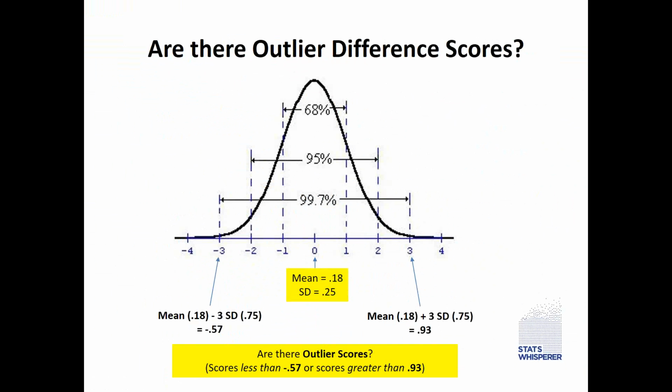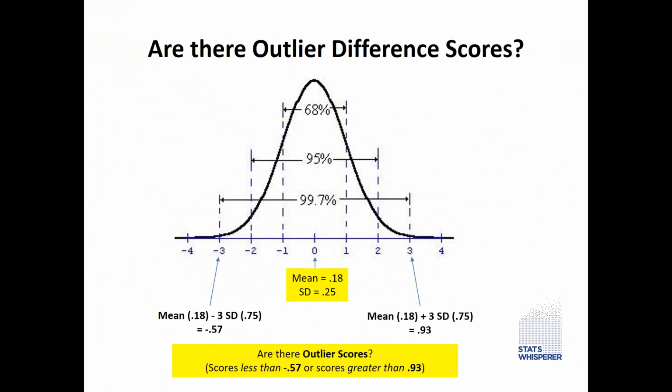So the standard deviation is 0.25, so 3 of them are 0.75. If we subtract 0.75 from the mean of 0.18, we get negative 0.57. Scores below negative 0.57 are low outliers, extremely low scores.